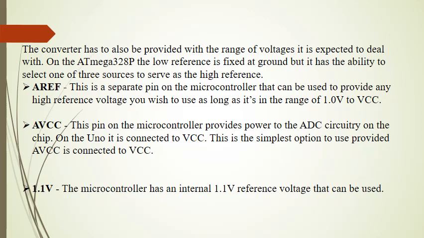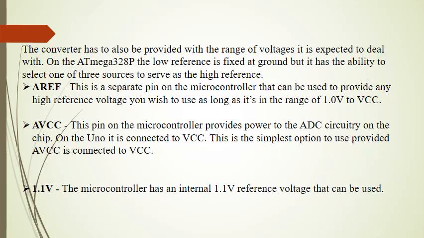So to select the higher reference, we have three sources. What is the first source? It is AREF. This is a separate pin on the microcontroller which can be used to provide any high reference voltage we wish, and it must be in the range of 1 volt to VCC. For example, if I have a program wherein I'm using a temperature sensor, and we know that the maximum output of that temperature sensor will be 3 volts, then on the AREF pin, through an external DC source, we can apply 3 volts.